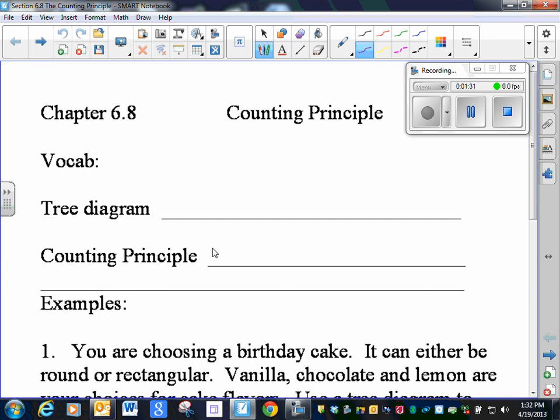So let's take an example. In example number 1, the glasses choices were plastic or metal, so there were 2 options. And then they had 4 different options of shape: rectangular, oval, cat's eye, or round. So 2 options, this was metal or plastic, and these were one of 4 shapes.